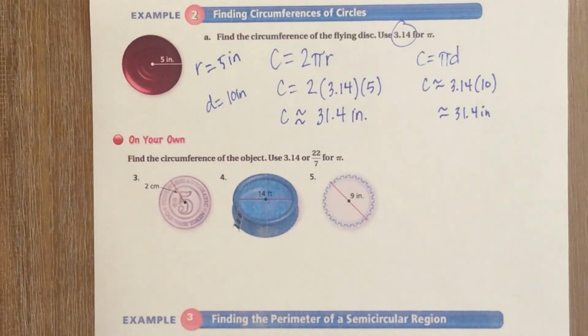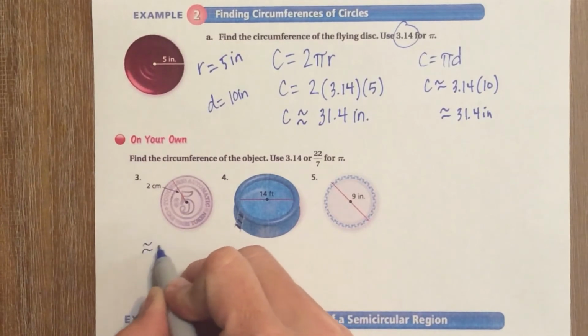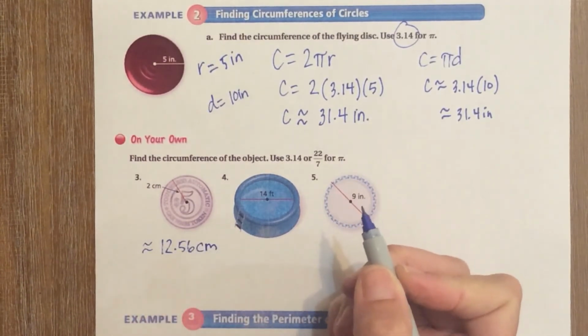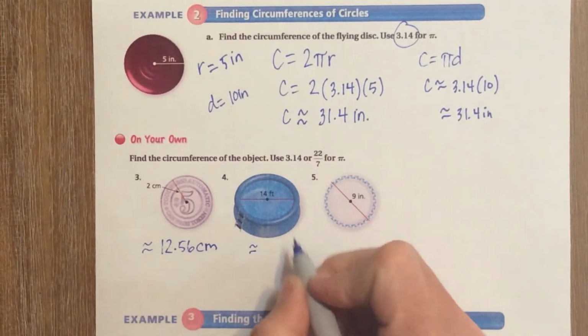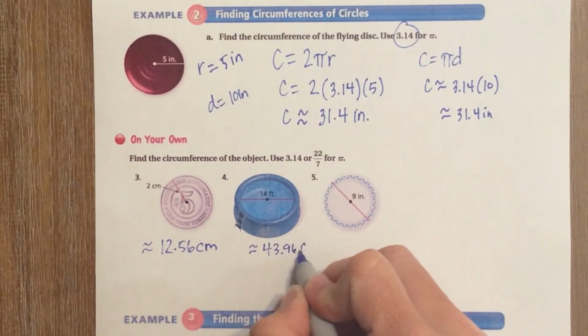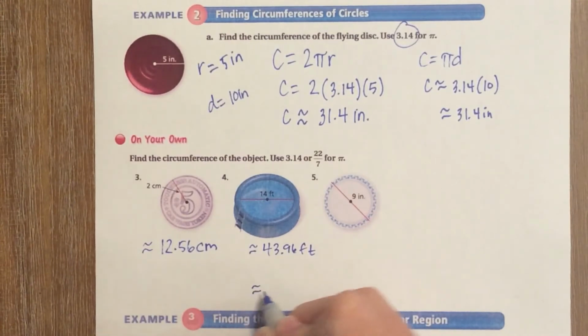All right, hopefully you gave those a try. The answer to number 3 is approximately 12.56 centimeters. For question 4, if you use 3.14 for pi, you get approximately 43.96 feet. If you used 22/7, you would get approximately 44 feet.